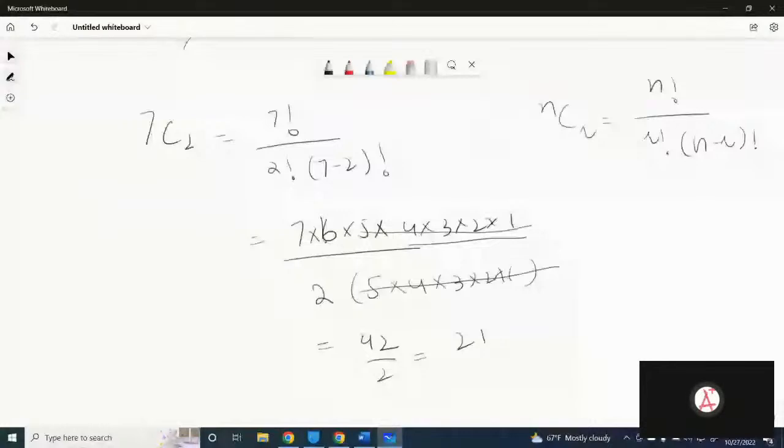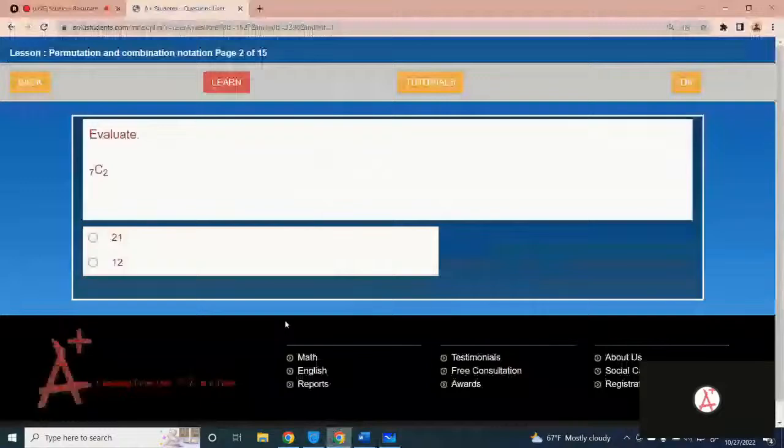That means the total combinations are 21. Got it? Okay, the next one, the answer is 21. Select the correct option and then click on the OK button.